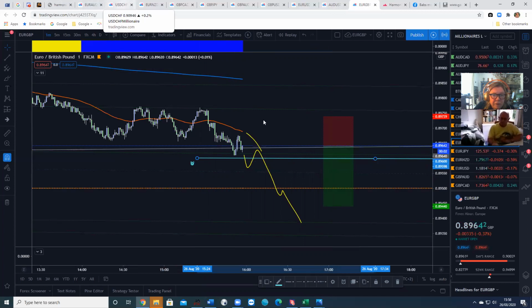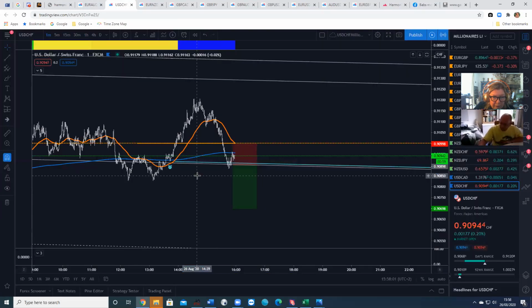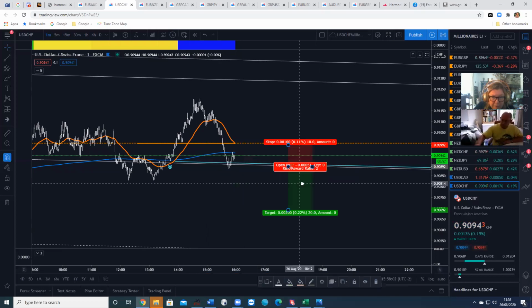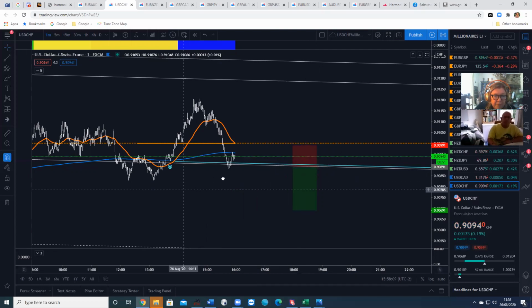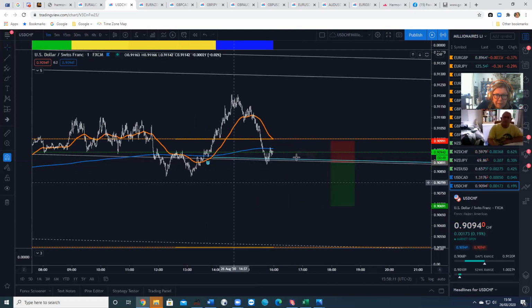So USDCHF, I had this marked up. So I had put my alert here, waiting for it to get out of this price trap area.